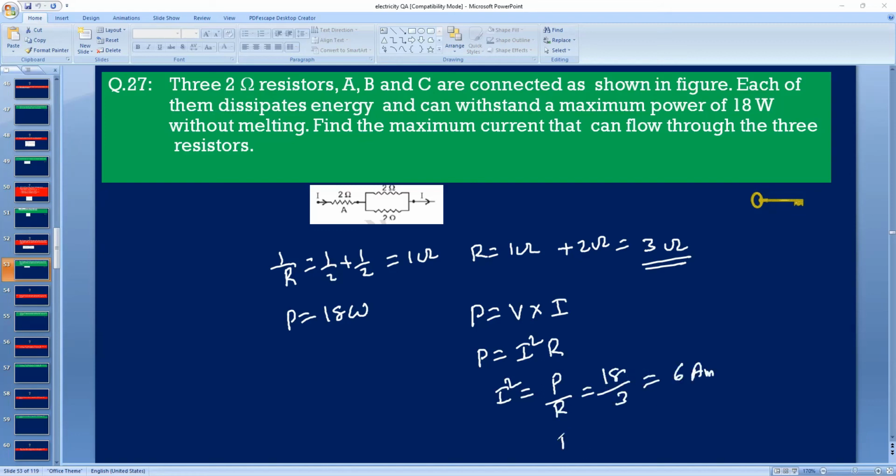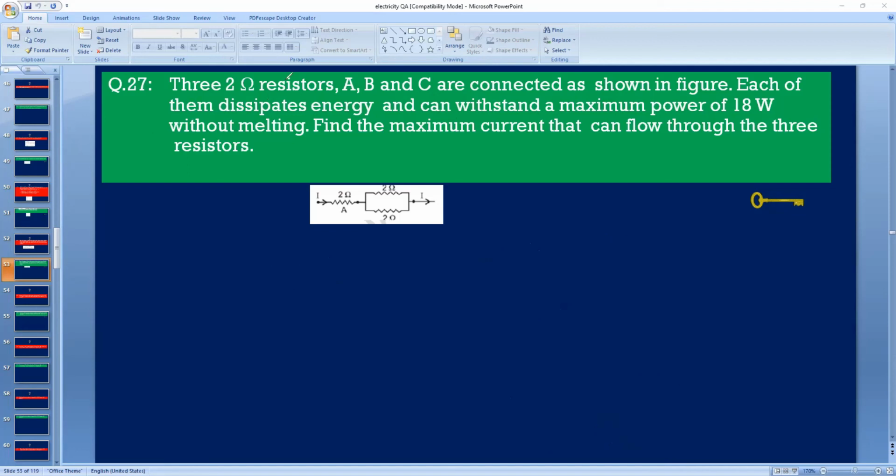So I is equal to square root of 6 amperes. So this is the maximum current through the circuit. Hope this answer is clear to you. Next question.